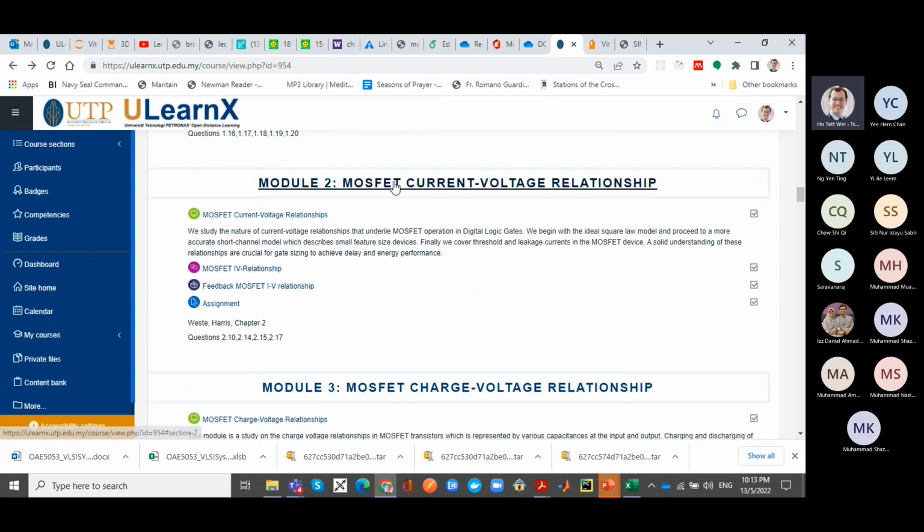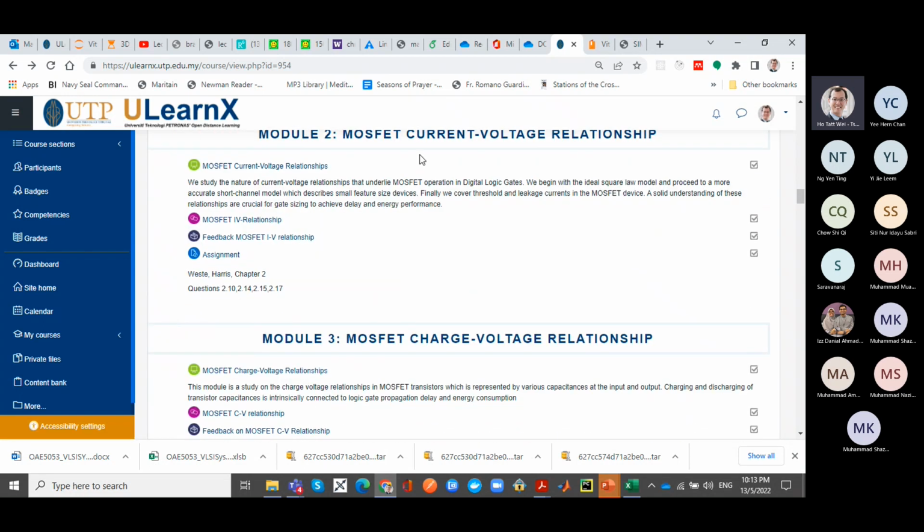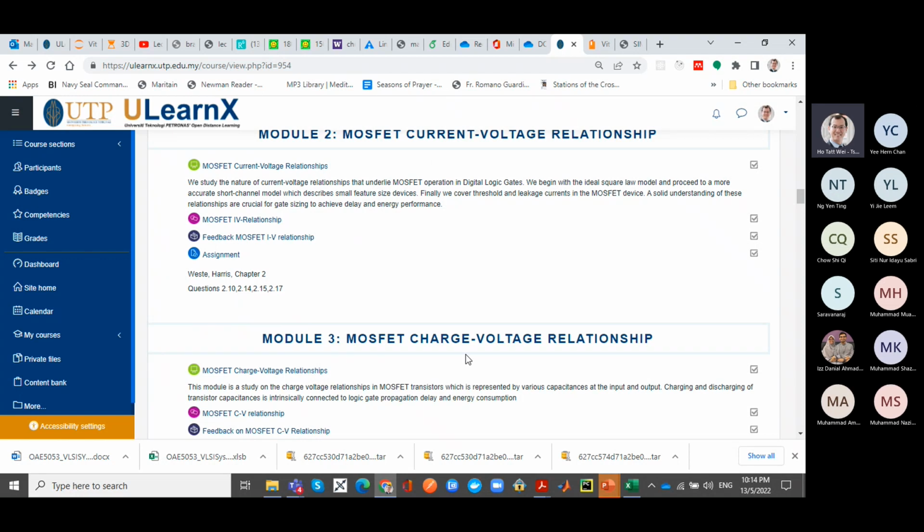That's why you are going through this kind of device physics approach to understand the current voltage relationship and charge voltage relationship, because later on we will see, number one, the current and the capacitance is basically the model for how we're going to be estimating the speed. It actually comes from how we will abstract away the logic gates as RC networks, resistor capacitance networks, right?